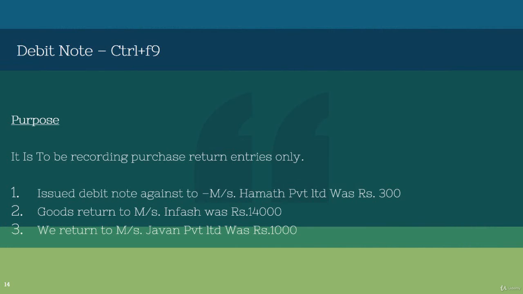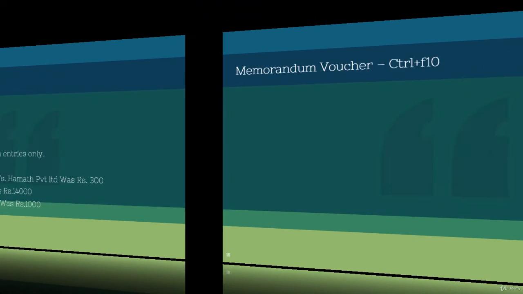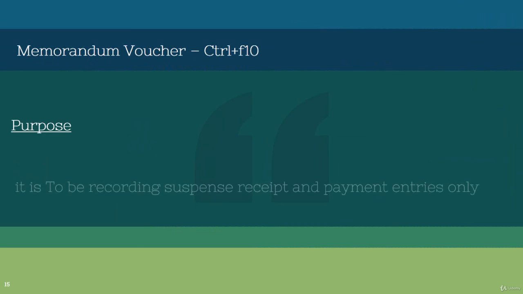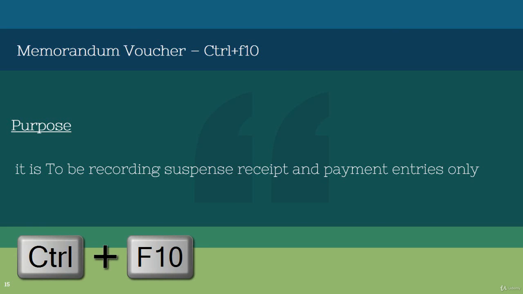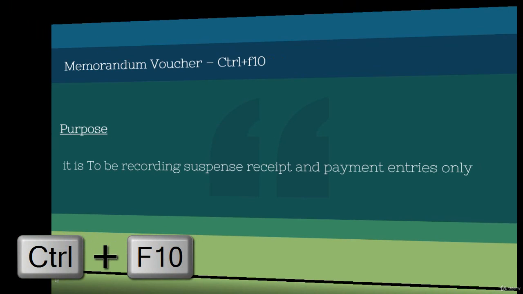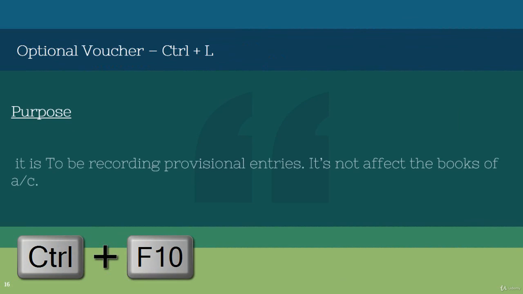Now we are going to move to the next voucher, the memorandum voucher. This is just used for suspended receipt and payment entries only. So this is the memorandum voucher. The next one is the optional voucher.